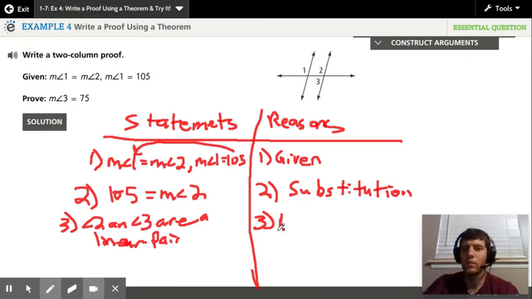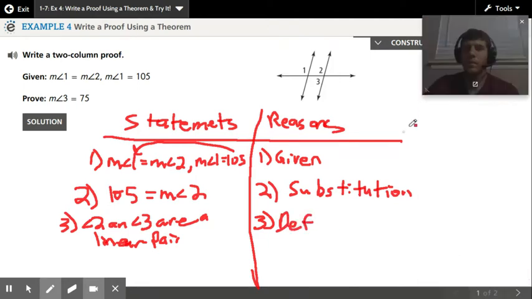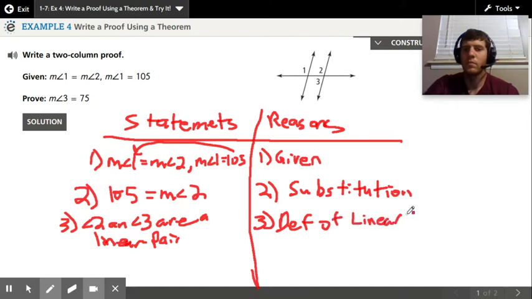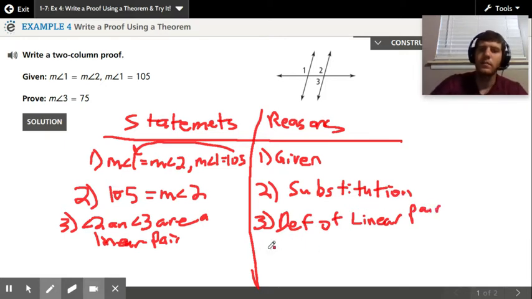That's the definition of a linear pair. And then we have the linear pair theorem. The last theorem we looked at said that linear pairs are supplementary. The measures of their angles add up to 180. So we're going to use the linear pair theorem.